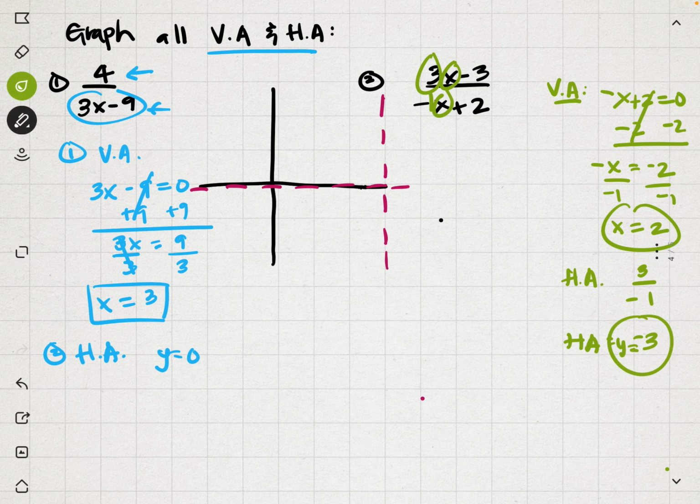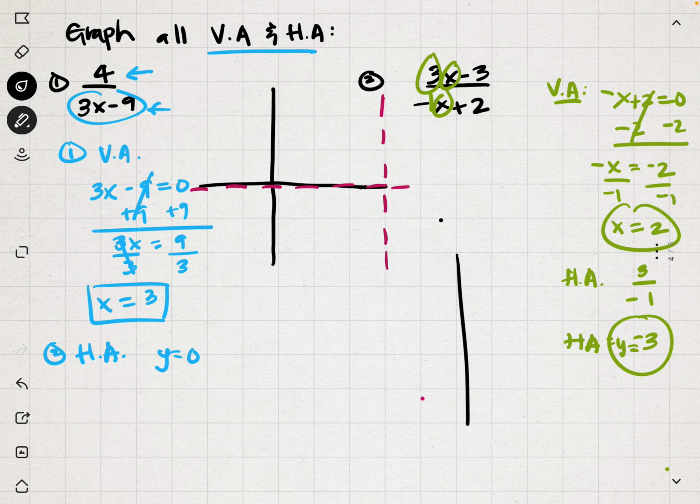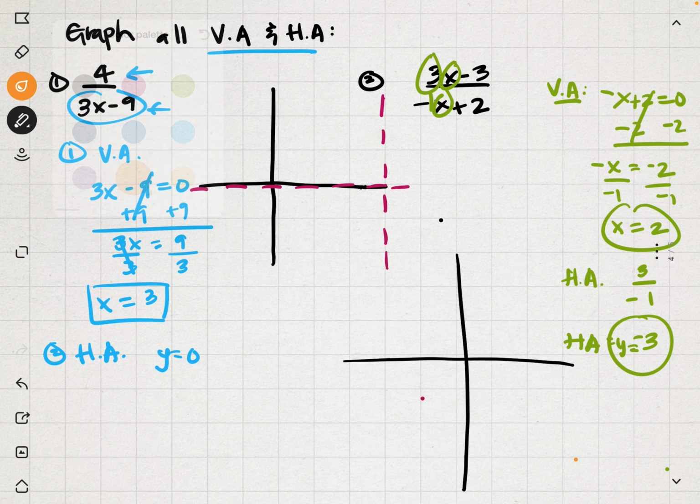All right, so let's go ahead and graph that. Our vertical asymptote is at 2. Our horizontal asymptote, excuse me, is at negative 3. And we just plot those lines out.